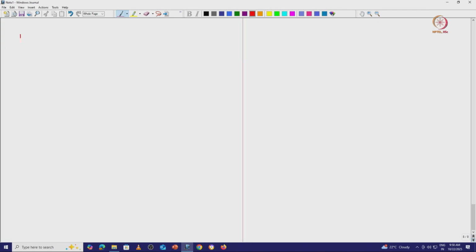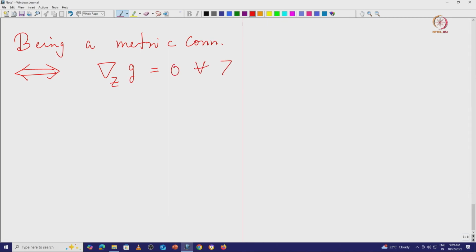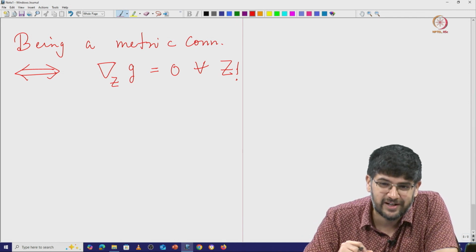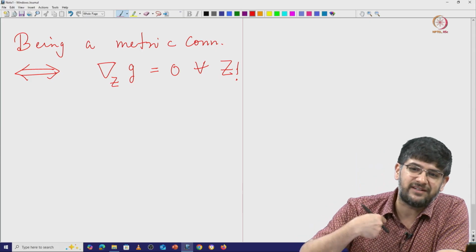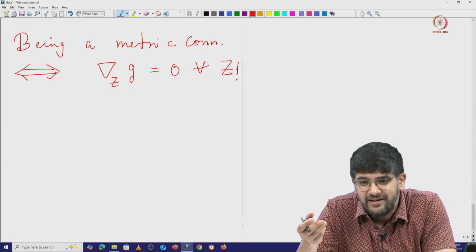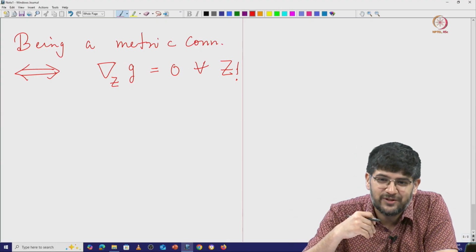So that means being a metric connection is actually equivalent to the following statement, that the covariant derivative of G with respect to Z is 0 for all Z. Okay, so now we have a much nicer way of writing what it means for a connection to be a metric connection, namely it's covariant constant, in the sense that the covariant derivative with respect to any vector field Z is identically 0, right?